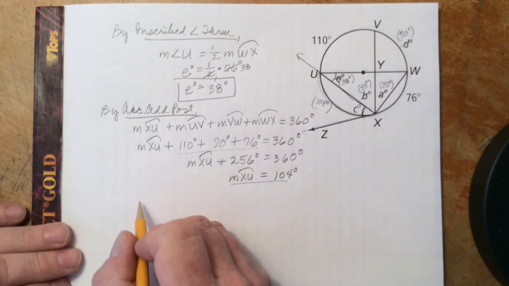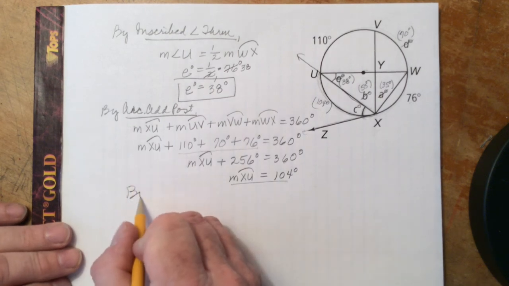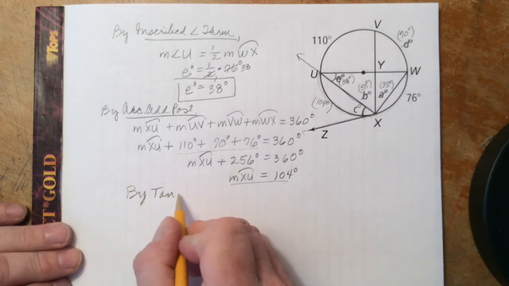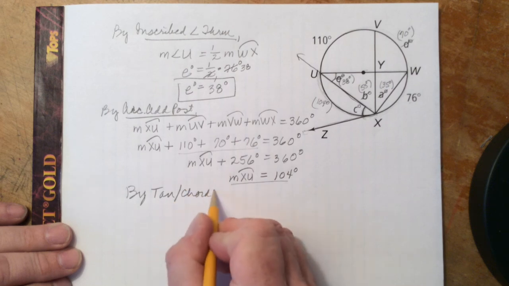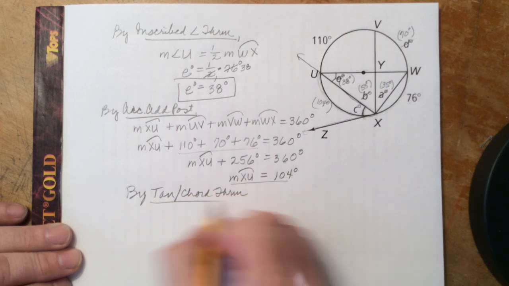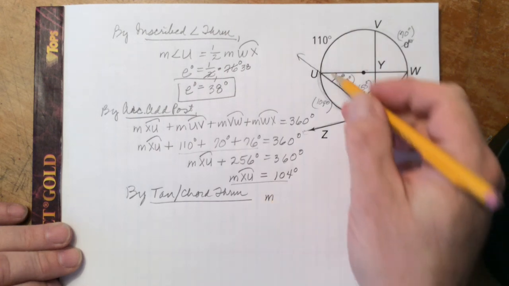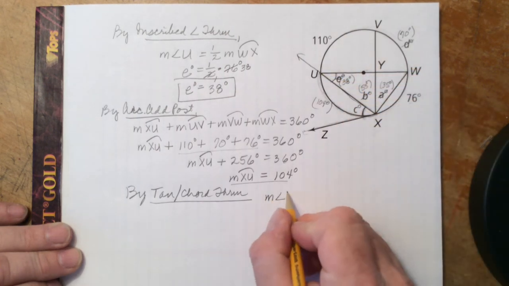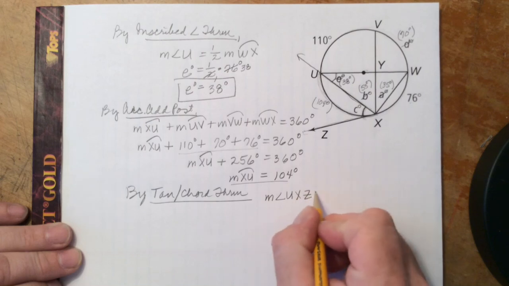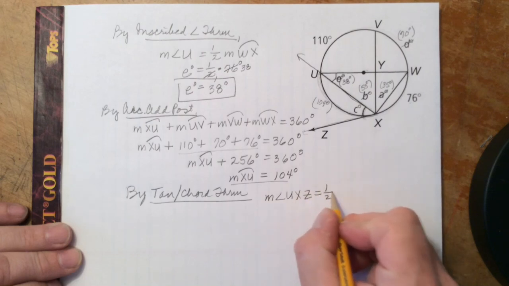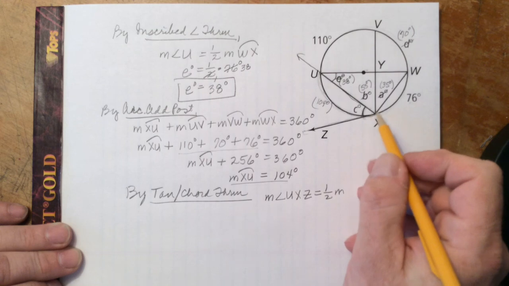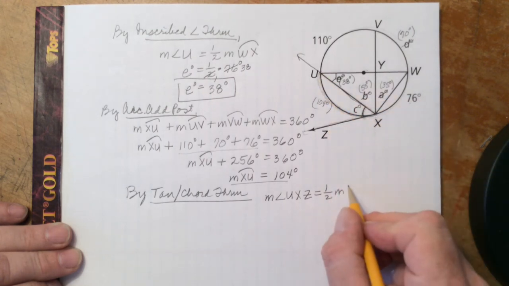Now we can use the tangent and chord theorem. So by tangent and chord theorem, we can state the measure of the angle UXC must equal half the measure of arc UX or XU.